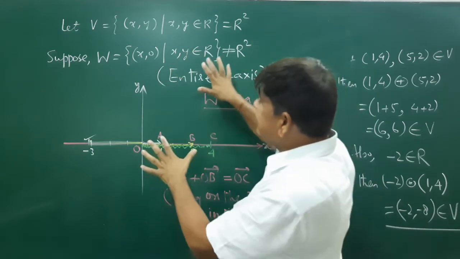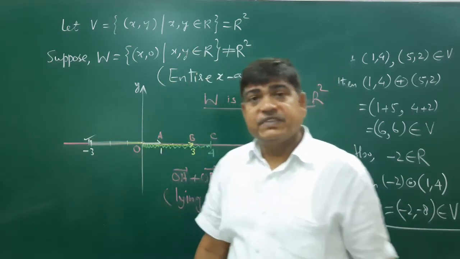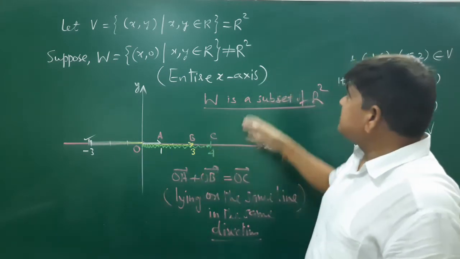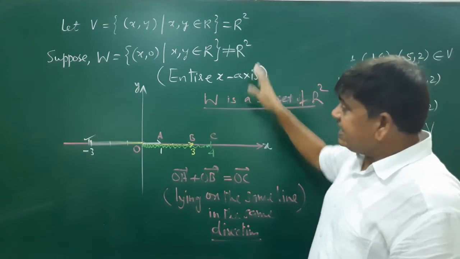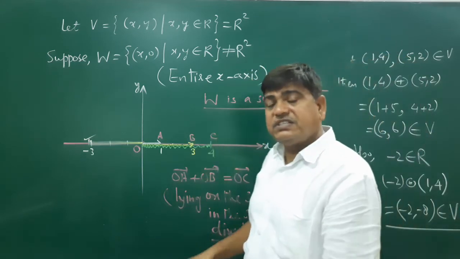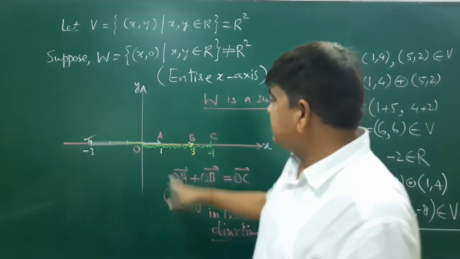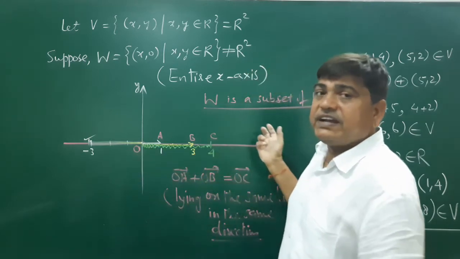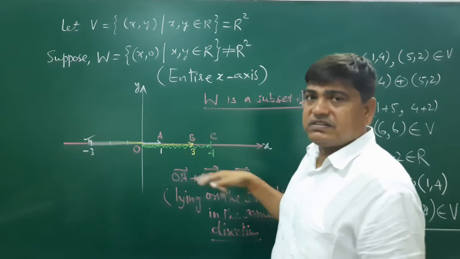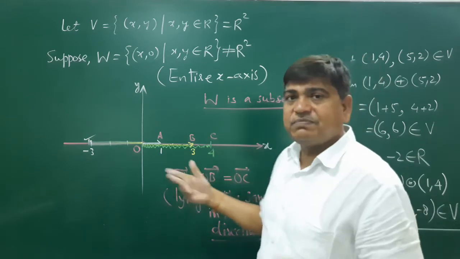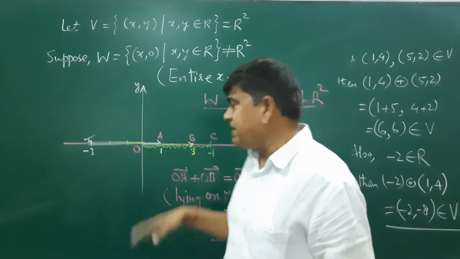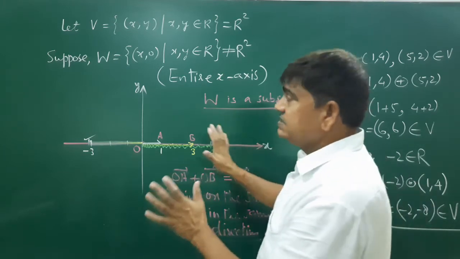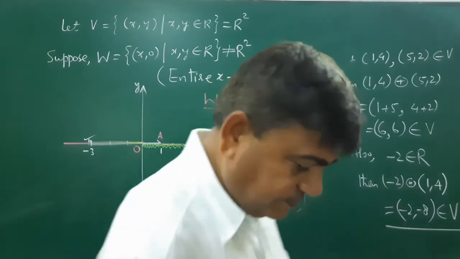Geometrically, this is a subset of R square, addition is closed, scalar multiplication is closed, 0 is the identity, and you just find the inverse of every member. The inverse of 1 is minus 1, inverse of 3 is minus 3, 1 by 2 then minus 1 by 2, and so on. So all these axioms are satisfied by this, so this is a vector space.